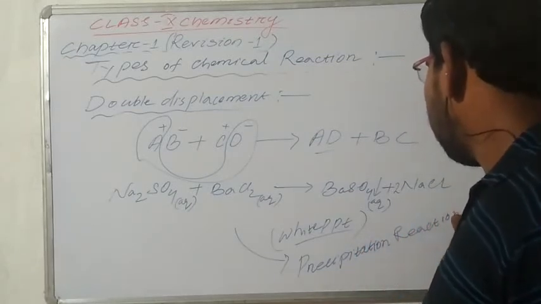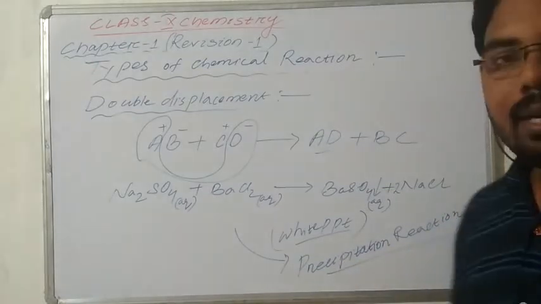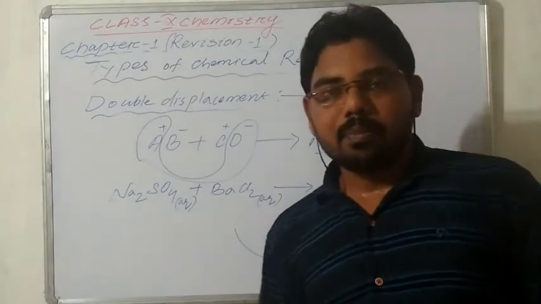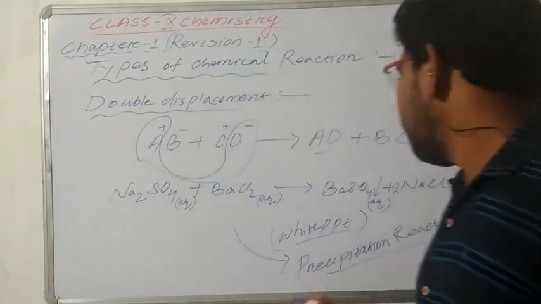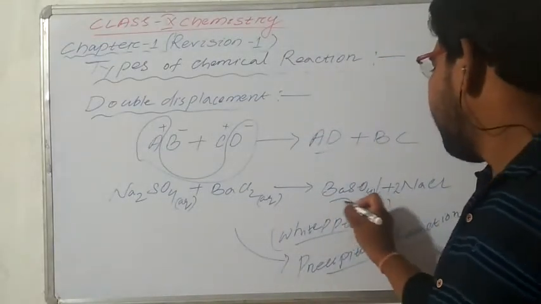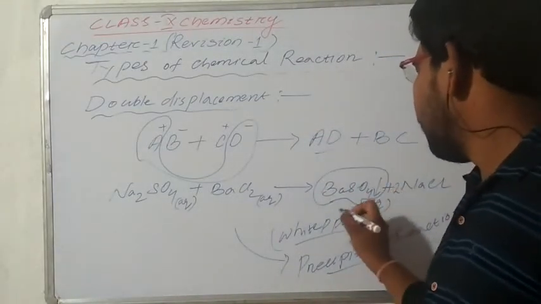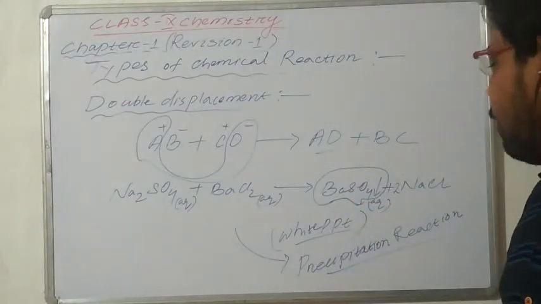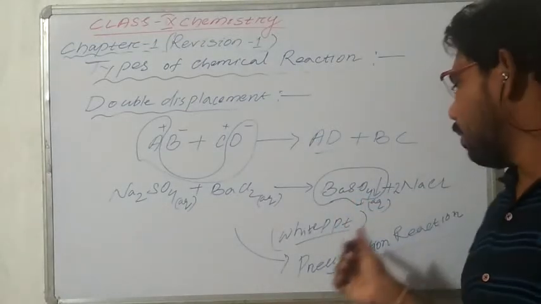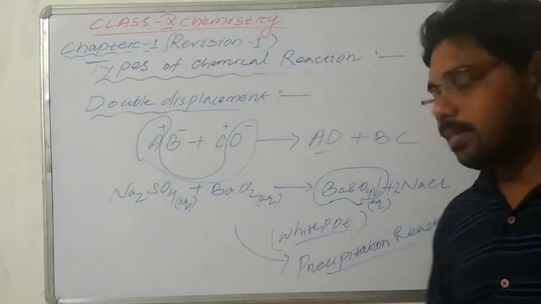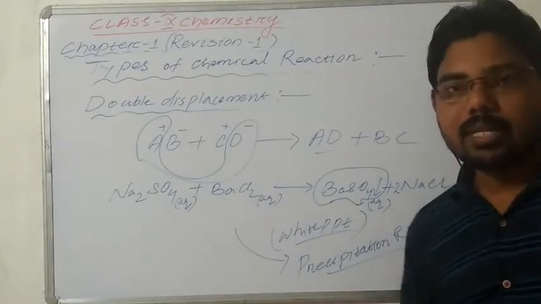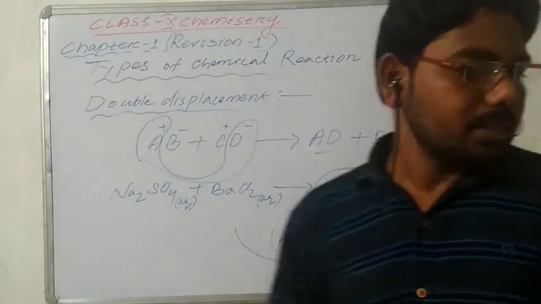The double displacement reactions are also known as precipitation reactions, because in these reactions the insoluble barium sulfate is deposited. That's why this insoluble substance is known as a precipitate, and these chemical reactions are known as precipitation reactions.